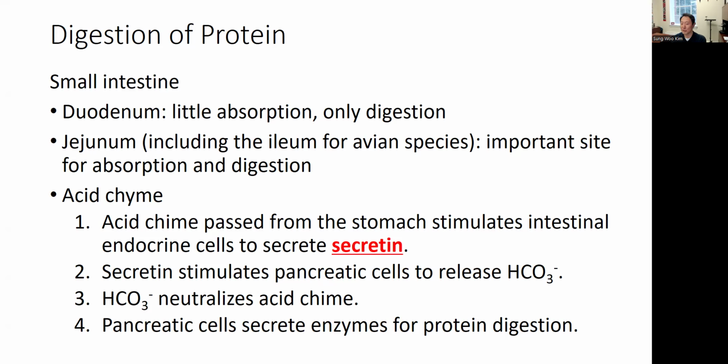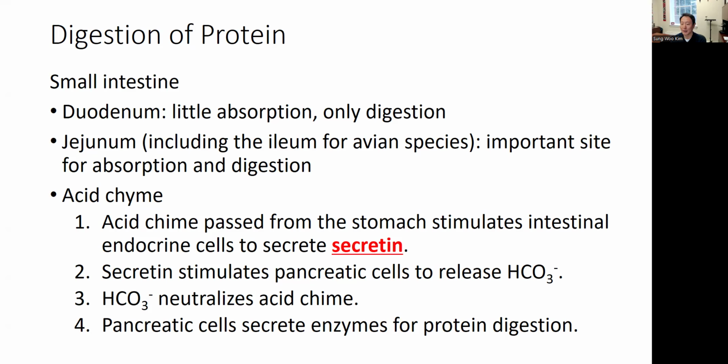Okay, so acid chyme is passed from the stomach to the lumen of the duodenum, and that will stimulate intestinal endocrine cells lining the duodenum, and they will cause the secretion of the hormone called secretin. Okay, so this is the second hormone that we are talking about here.